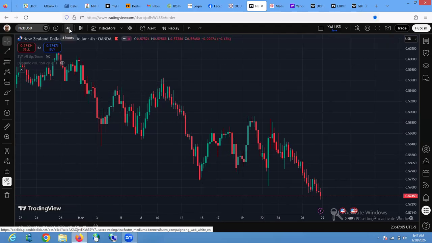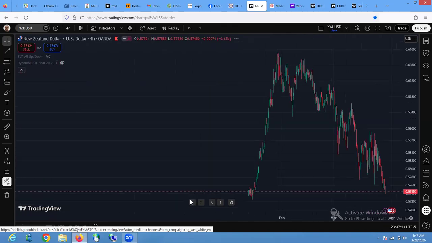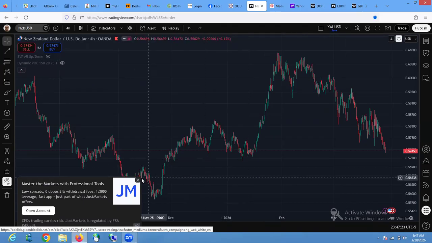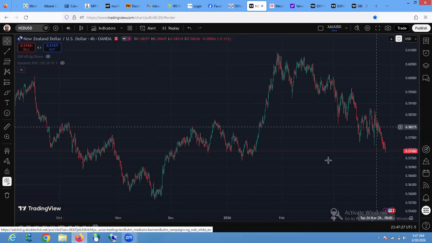The area we'll be looking at, we should be looking to break this low. After this low, we can get a reaction for a bounce to the upside on the NZDUSD. But it's still wave 3 ongoing.